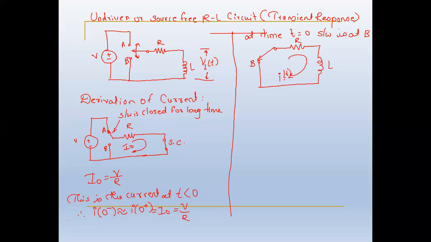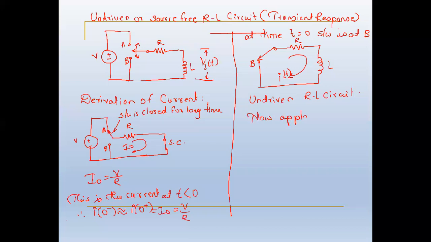When the switch is connected to position B, now the inductor will be present in the network, and the voltage source is not connected to the network. So this condition is called the undriven RL circuit.